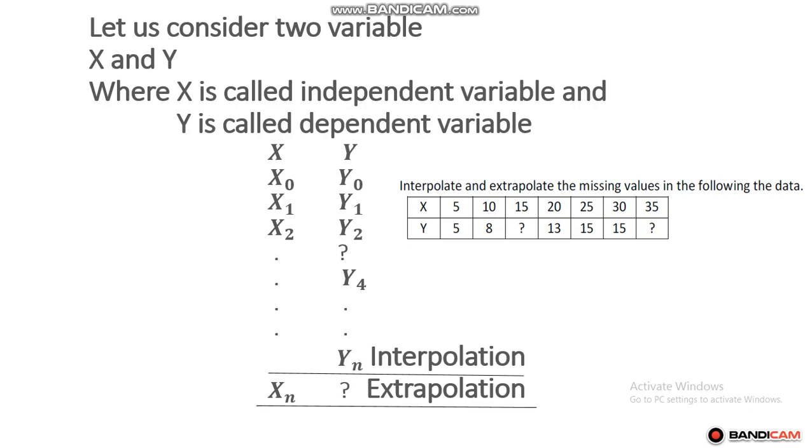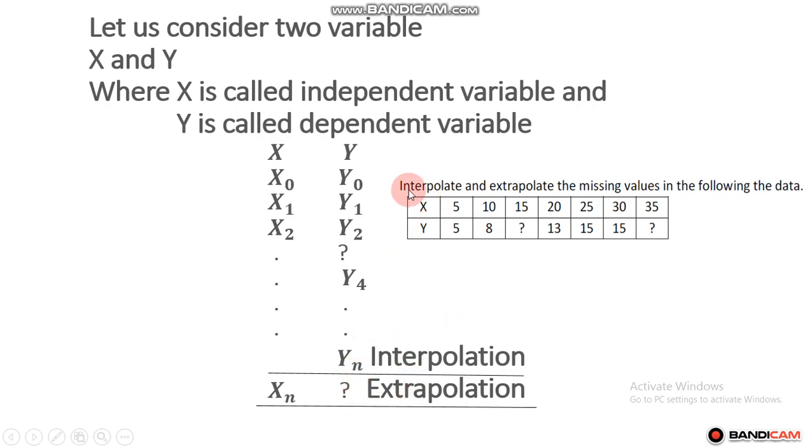We are always estimating or predicting the y column, that is the dependent variable, for any value of the independent variable x, where the number is within the range of the given series. That is called interpolation. Similarly, we are always estimating y, the dependent variable, for any value of the independent variable x, where the number is outside the range of xn. That is called extrapolation.